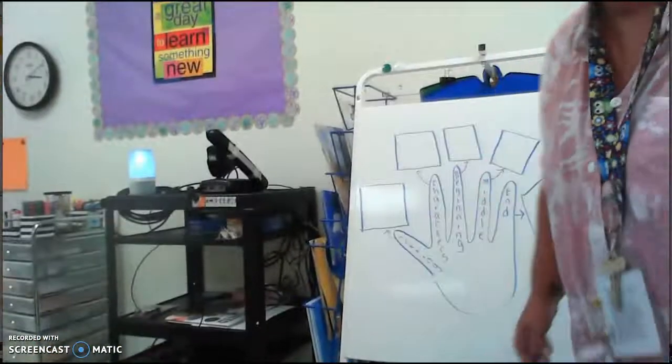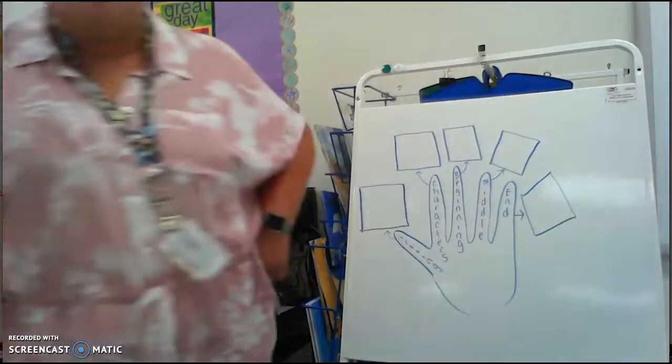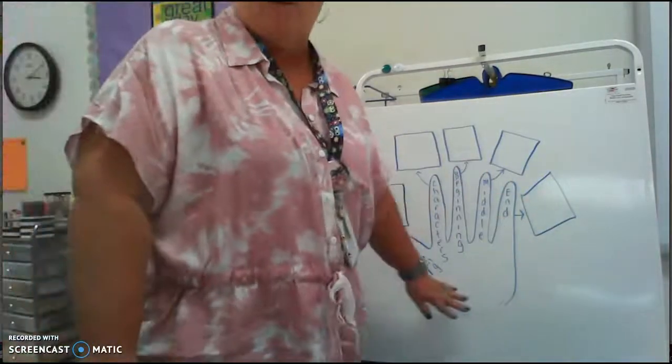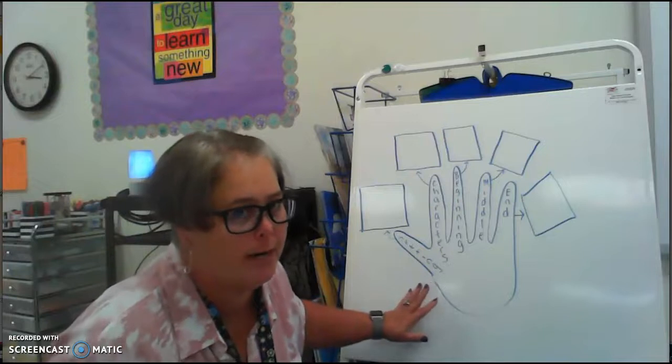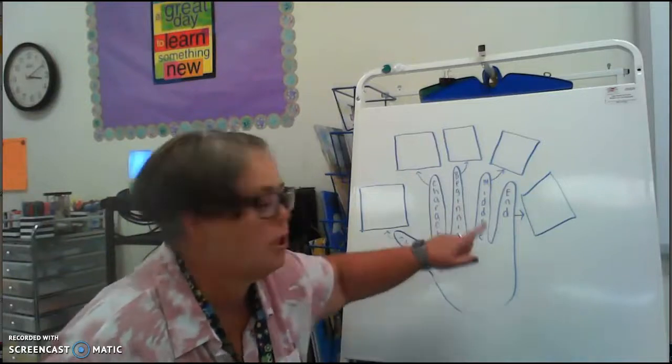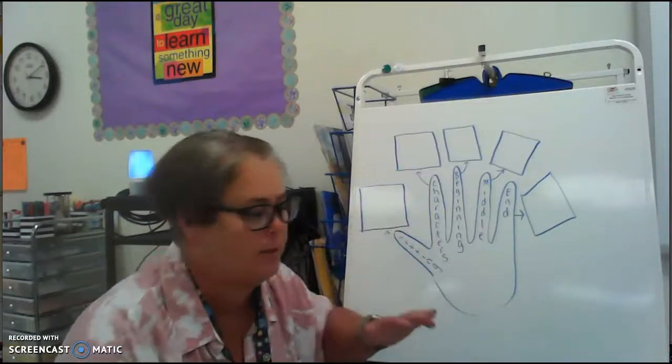Right now, I want you to get your journal and your pencil out, and you're going to trace your hand on the paper, just like this. You're going to trace your hand, just like I've done right here. This one's really big, so that's obviously not my hand. Made it bigger so y'all could see it. But you're going to trace your hand on the paper, and you're going to draw a box at each fingertip.